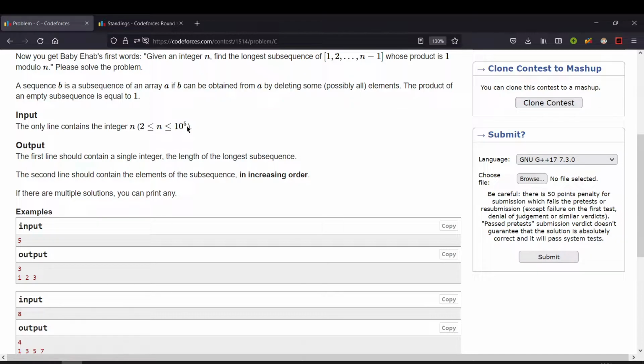The thing is, for every number I have to take the prime factors or the divisors. I can do that in the square root of n, so it can have a complexity of nearly 10 to the power 7.5 or 10 to the power 7 or something. But will it not time out?